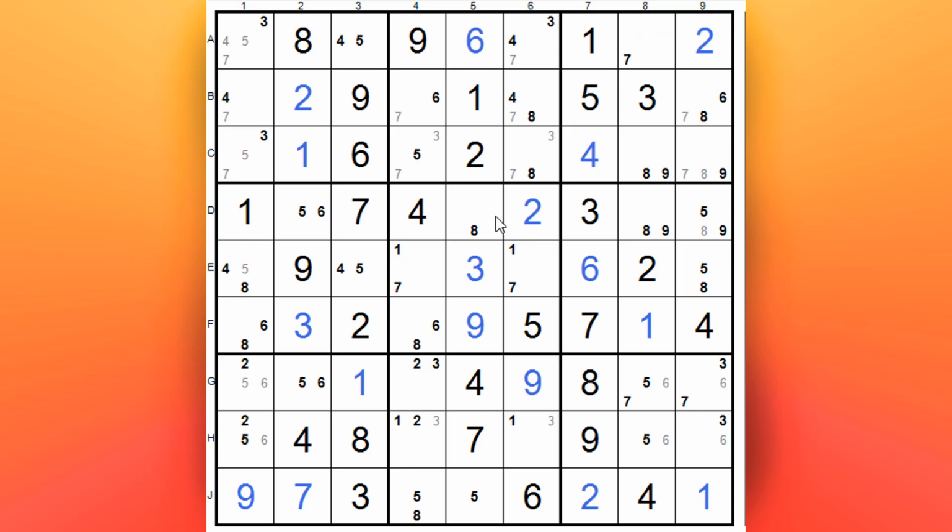This 6 here, giving us quite a lot of different things now. It gives us an 8. Getting rid of that 8 and that 8. Does that cause anything along here? Well, it means that this is going to be the 8 now in this column. And getting rid of that 9 means this is going to be the 9. But let's go back. We're running away with ourselves.